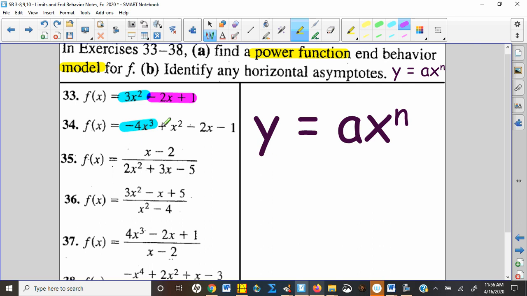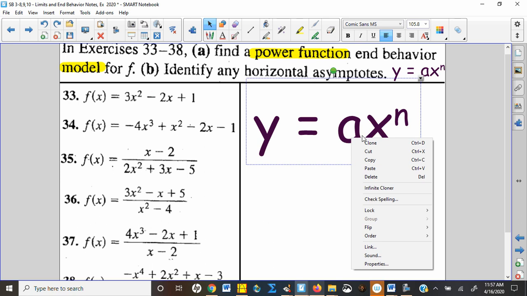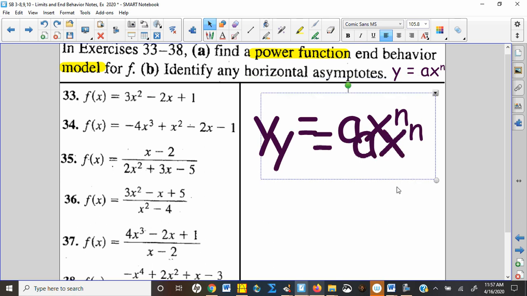It becomes almost microscopically tiny by the time you get way, way out. And so that's what pulls the original function and the end behavior model together as we approach positive or negative infinity.